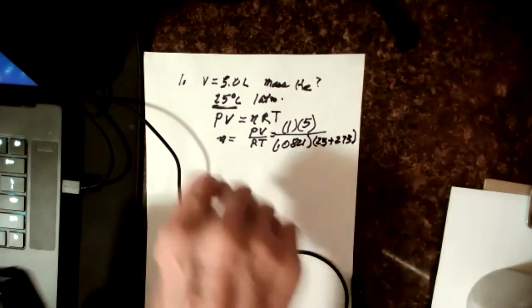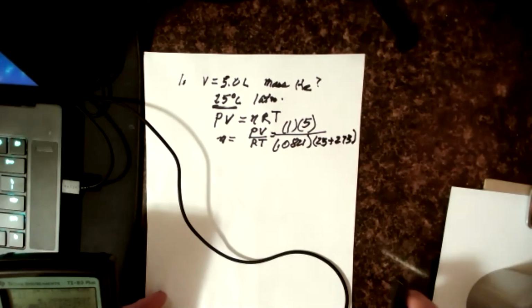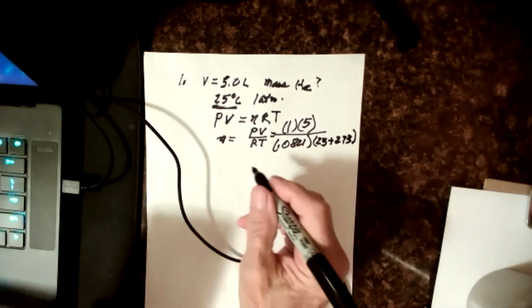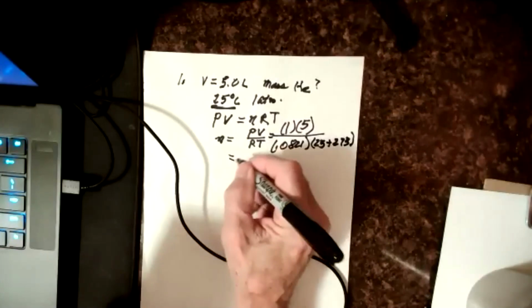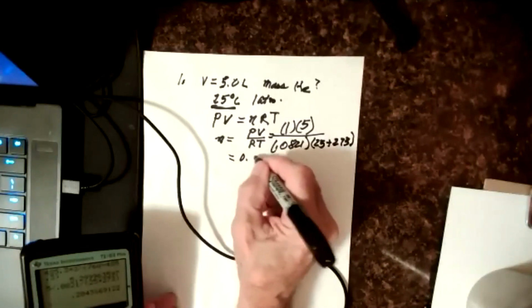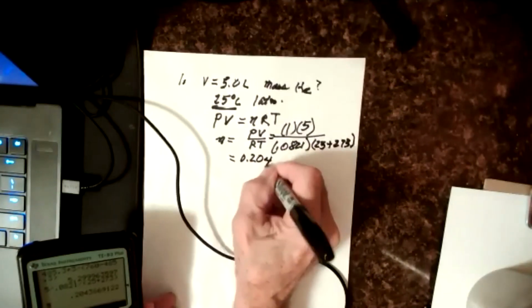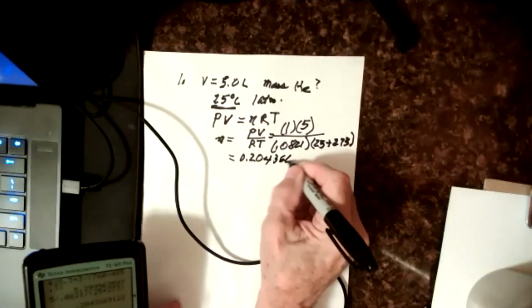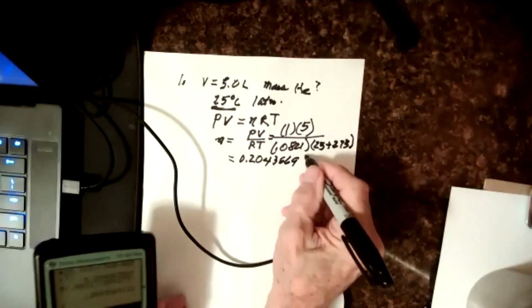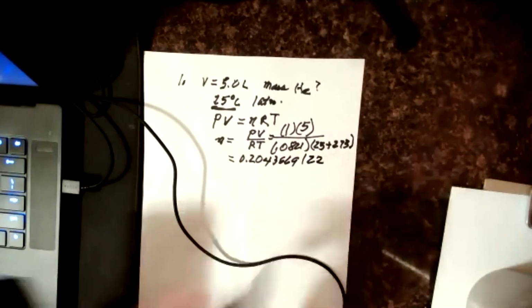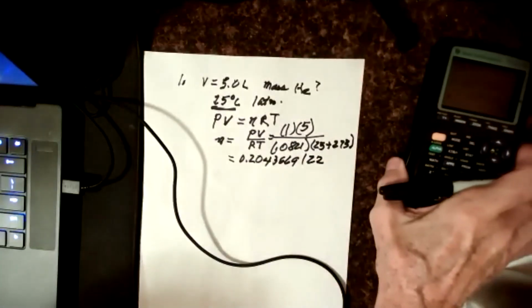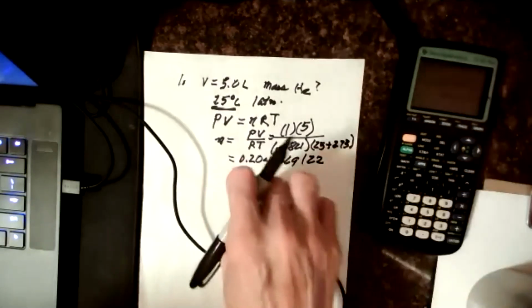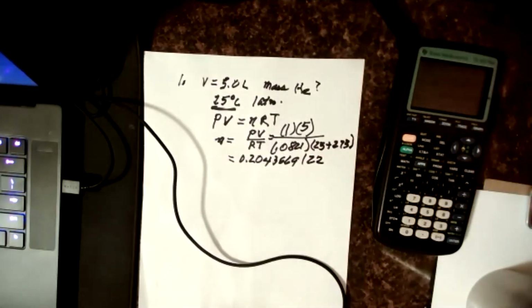And that's, if I haven't made a mistake with my math, and it looks like it's set up correctly, I get the number of moles as 0.204, and there's a whole bunch of digits, 3, 6, 6, 9, 1, 2, 2. And I did that to just emphasize I haven't rounded off anything yet.